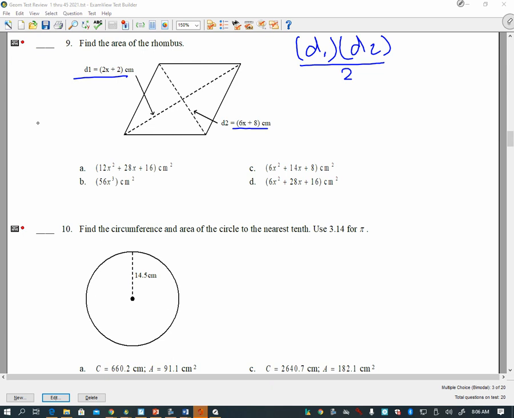Distribution is not quite the right term for it. Not factoring, but foiling. So 2x plus 2 times 6x plus 8. If you were going to begin to FOIL this, where would you start? 2x and 6x.